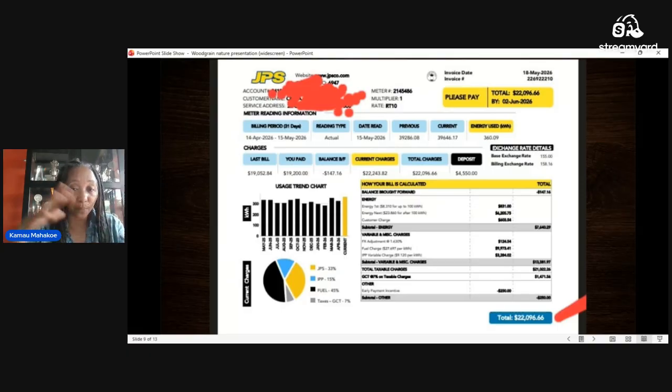If your bill jumps suddenly twice as much or even more, and your habits have been the same, it might not be JPS's fault, it might be faulty appliances at home.